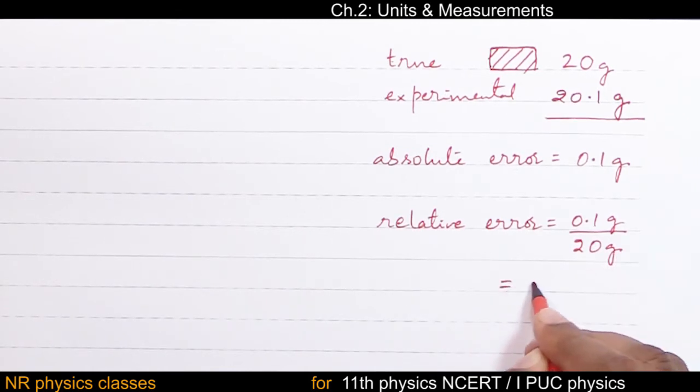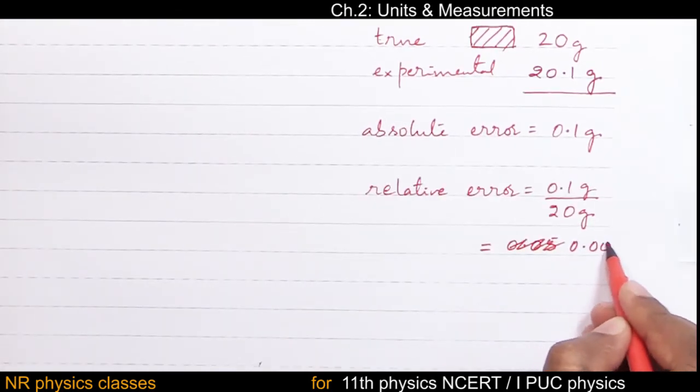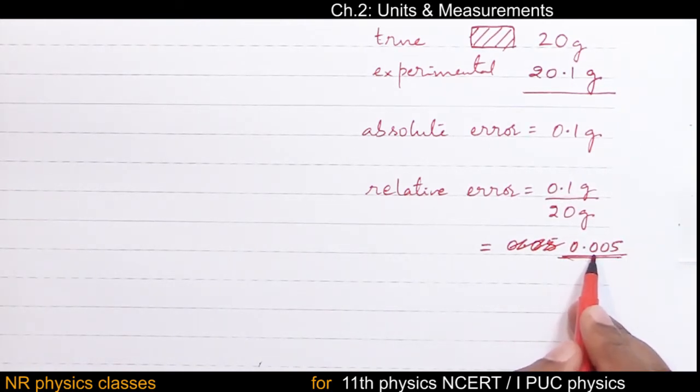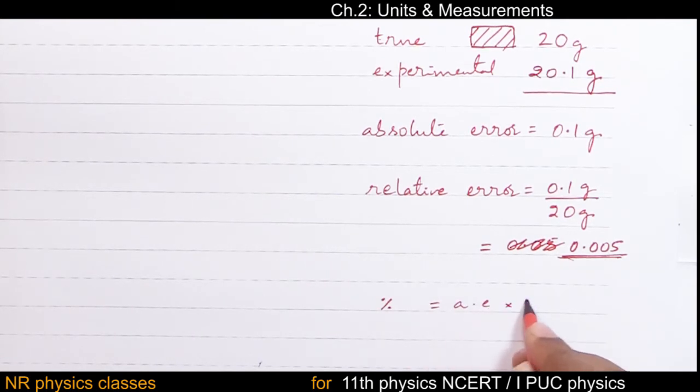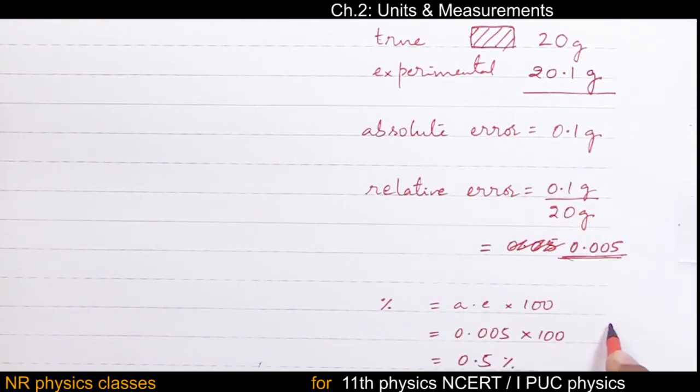That turns out to be 0.005. So there is no unit for relative error. And what does percentage error mean? Percentage error is relative error into 100. Relative error is 0.005 into 100, which is equal to 0.5%. This is how we can find out relative error and percentage error.